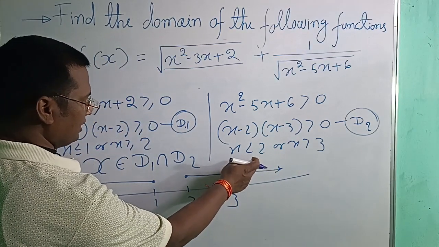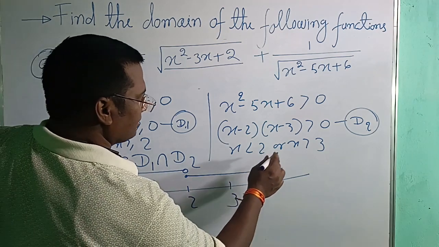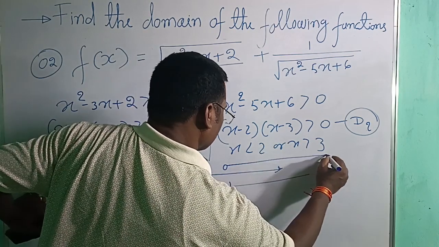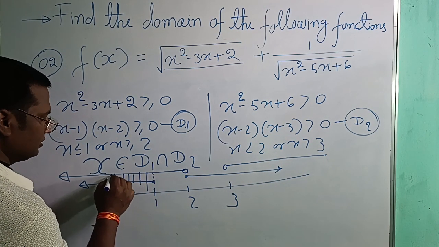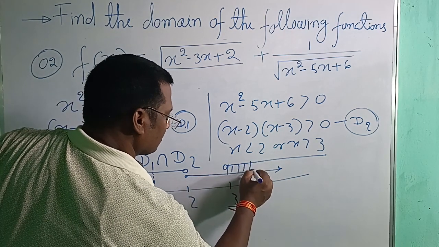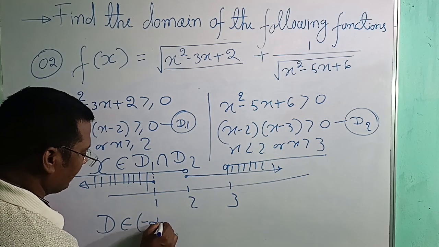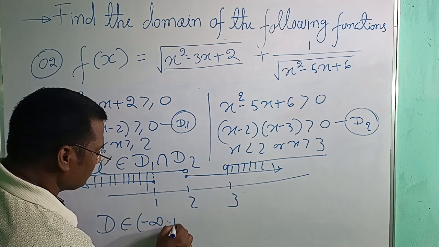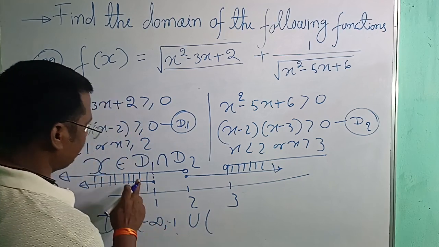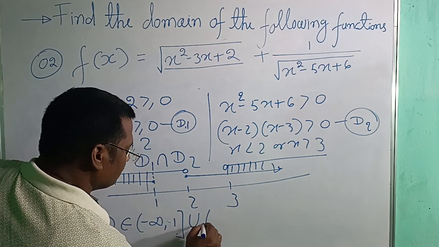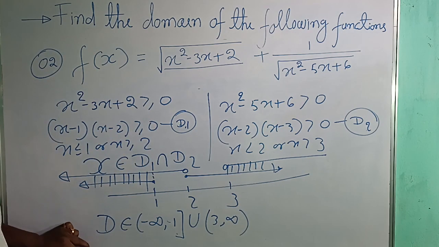Again this x less than 2 and x greater than 3. So this intersection part is this. This is the intersection. So your answer, the domain belongs to minus infinity to 1, closed interval, union 3 to infinity, open interval. This is your answer.